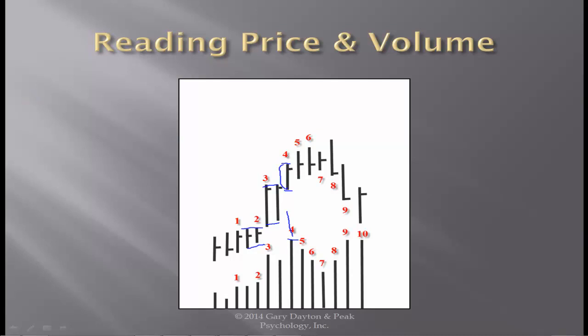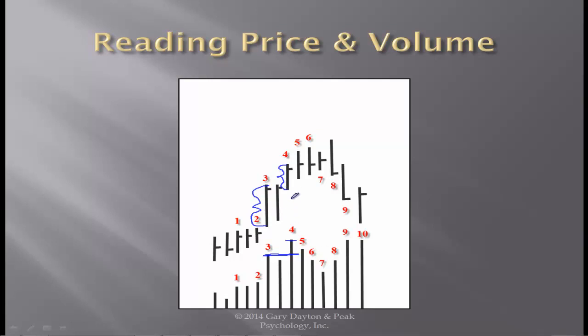So let's be clear on this, though, because this is really important. Look, on bar 3, we have this much volume, and we made this much progress. On bar 4, we actually have more volume than we have on bar 3, but we make only maybe a little bit more than half the progress we made on 3.